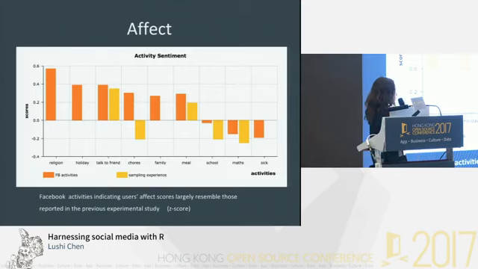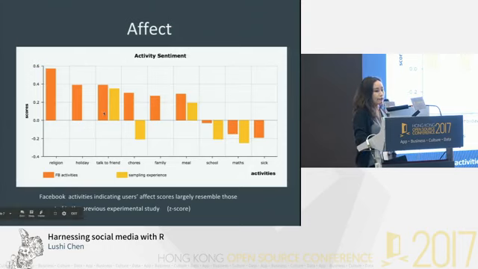So whenever the beeper rings, the participant needs to report what he or she is doing and how happy he or she is. So this is the previous study, the yellow bar. And then I compared my finding with their study. They also present the data in Z-score, so I can compare with them. And I can see a similar trend here.